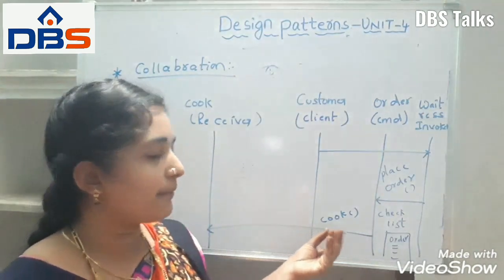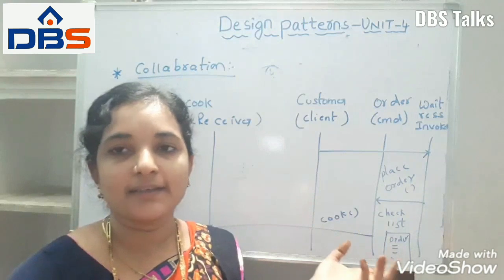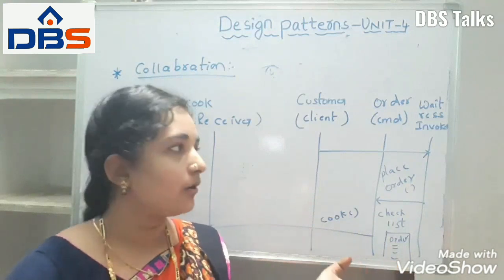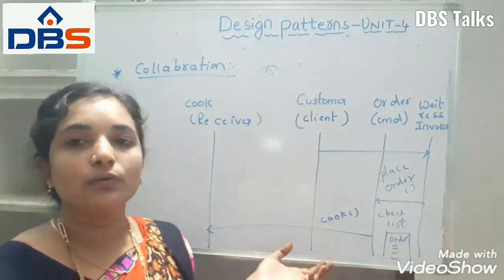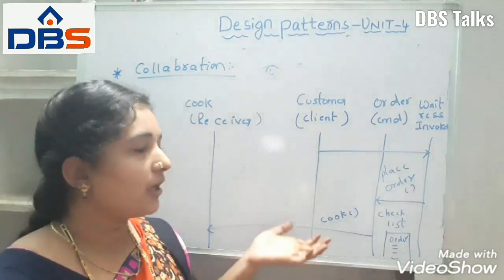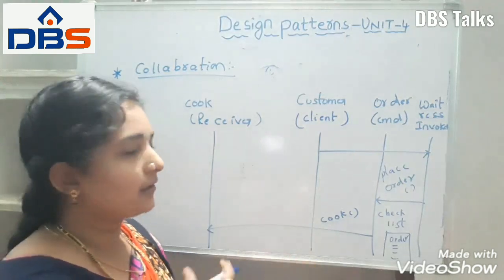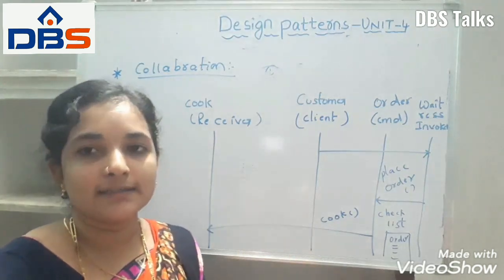Whatever request the client has given, whatever food is ordered by the client, that request will be completed by the receiver, who takes it from the invoker. So this is the communication that occurs in the command design pattern.